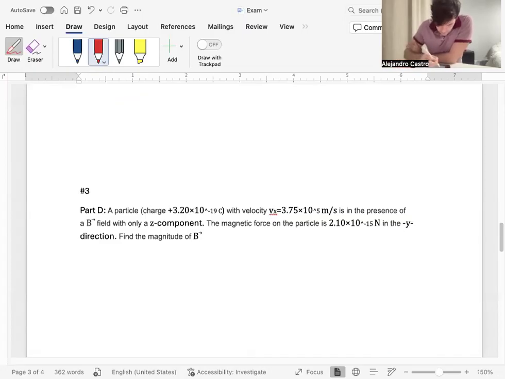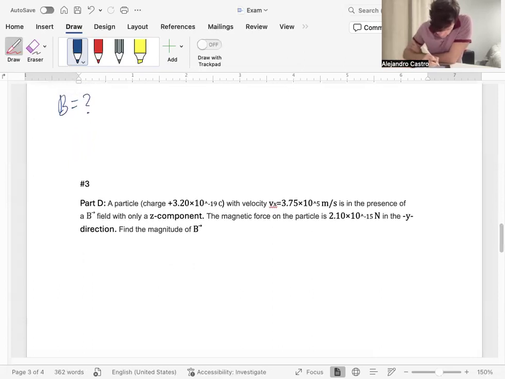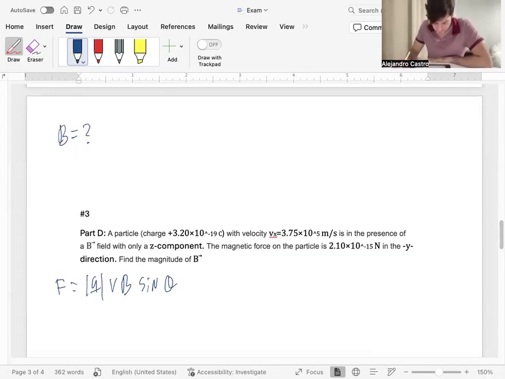Okay, we need to find v. For this one, we're going to use the same formula that we used before, so let's see if we have everything we need. Particle charge is given to us, and we know it is 3.20.